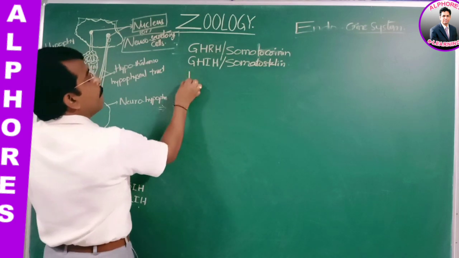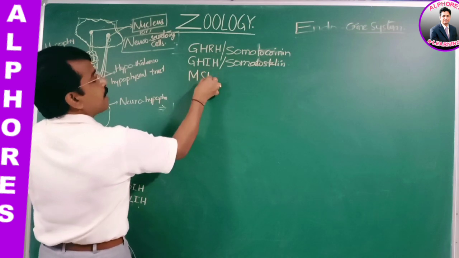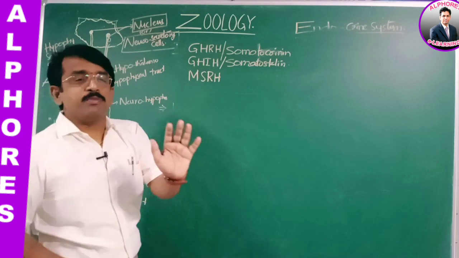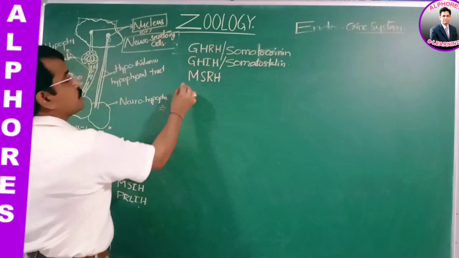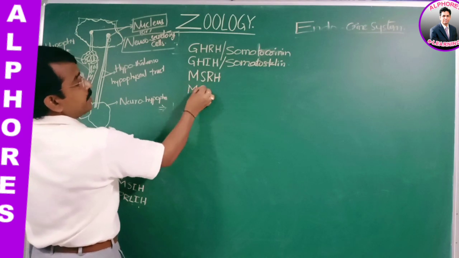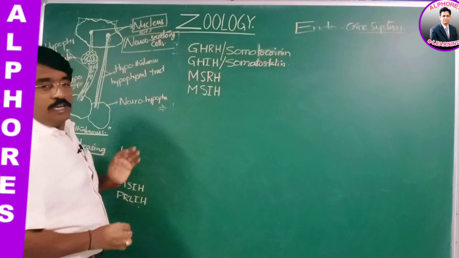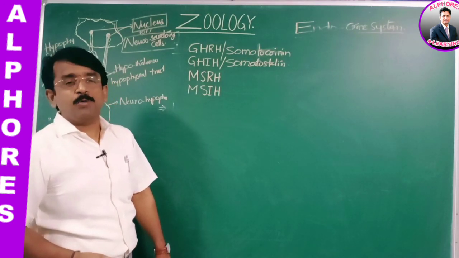Next, melanocyte stimulating releasing hormone stimulates the release of melanocyte stimulating hormone. At the same time, melanocyte stimulating inhibitory hormone inhibits the secretion of melanocyte stimulating hormone.